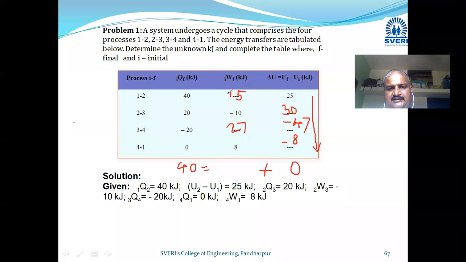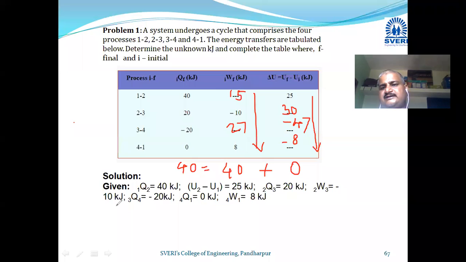We can solve it very easily. See, 15 minus 10. Now you can take the summation of the work. 15 plus minus 10 is minus 5. Plus 5. Plus 5 plus 27 is plus 32. And plus 32 plus 8 is 40.